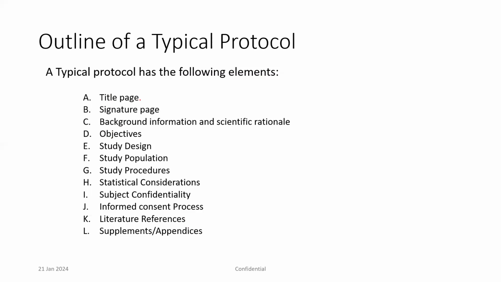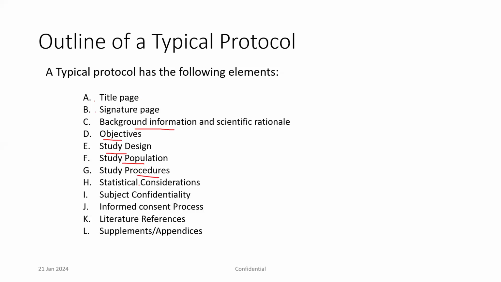So what are the sections? Of course, like every document, a title will be there, a signature page will be there, background information on why you're doing this research. Is there a need? Objectives: what are the goals of your study? How will you be doing it? What is the design of the study? Who is participating in this trial?